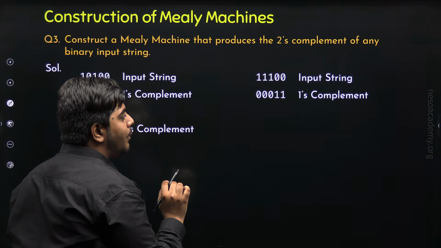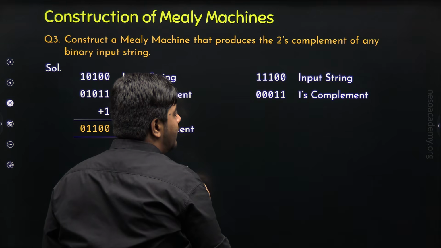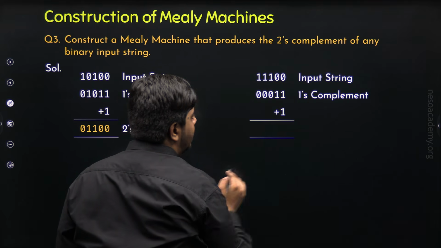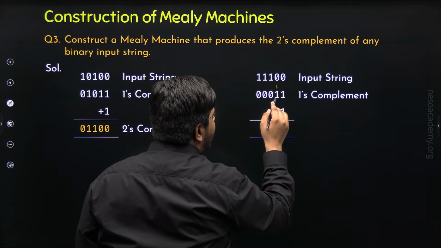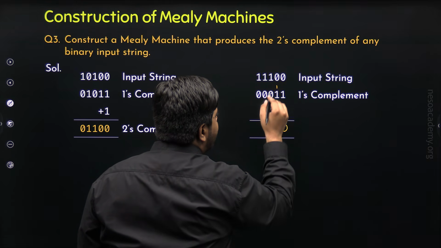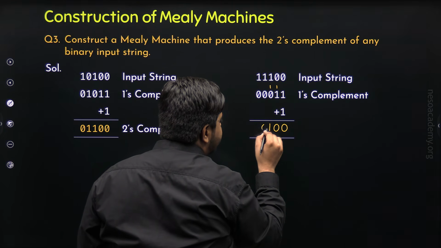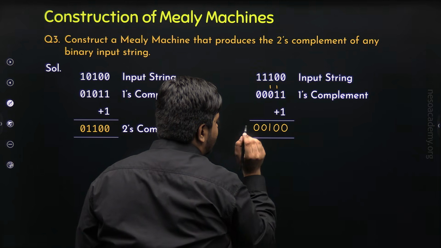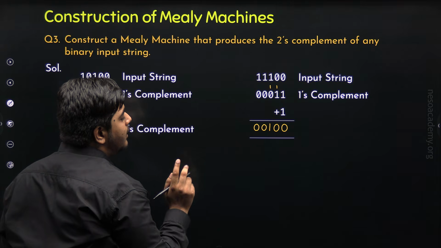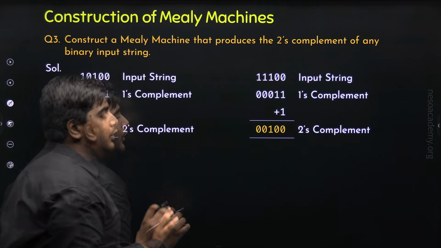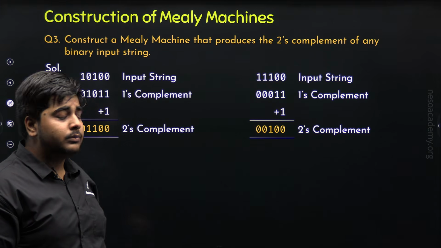Now to calculate the 2's complement, we perform the binary addition of the ones complement with the binary number 1. 1 plus 1 is 0, carry 1. 1 plus 1 again 0, carry 1. 1 plus 0 is 1, this 0 is 0 and this is also 0. So we are getting the 2's complement as 0, 0, 1, 0, 0. So we have calculated the 2's complement of this input string also.